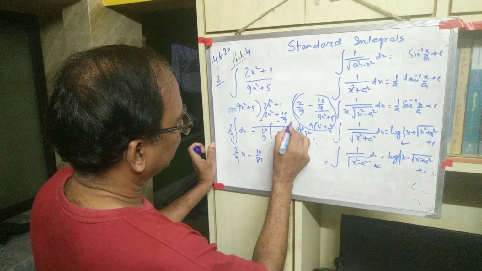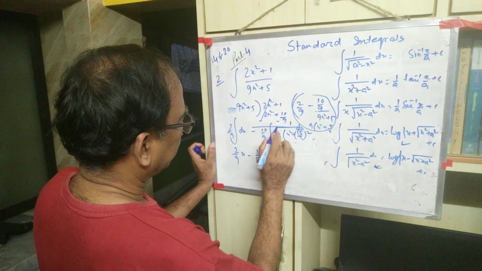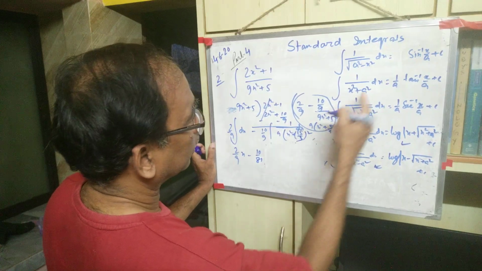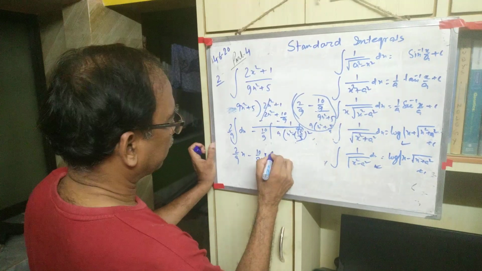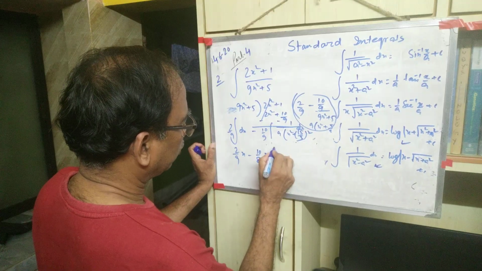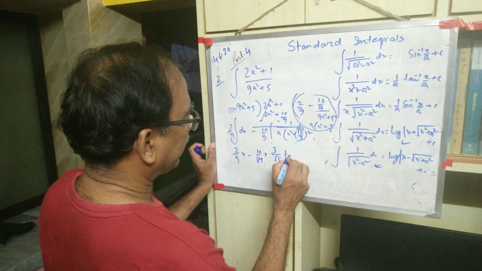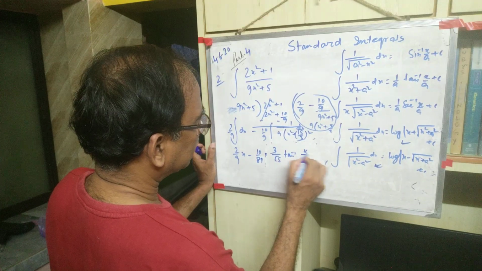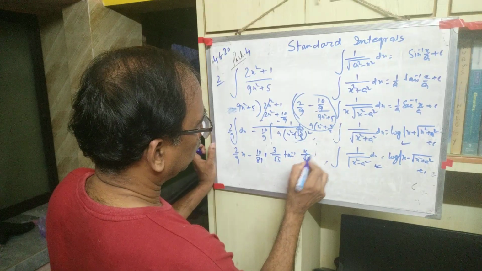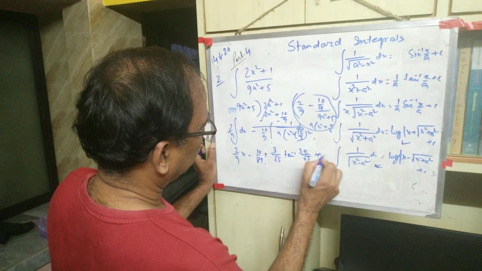Integration of 1 by this dx, that is x square plus a square, a is root 5 by 3. 1 by a tan inverse x by a, that is 1 by root 5 by 3, 3 will go up. 1 by a tan inverse x by a, that is x by root 5 by 3, 3 will go up, plus c.